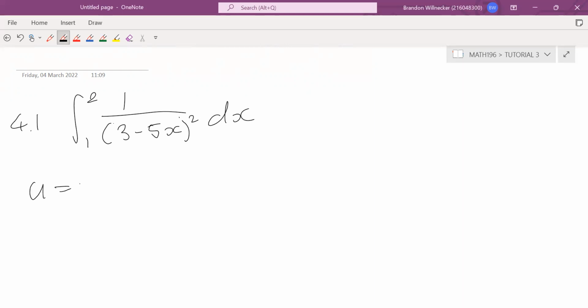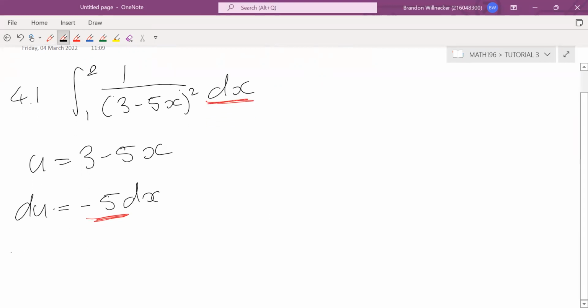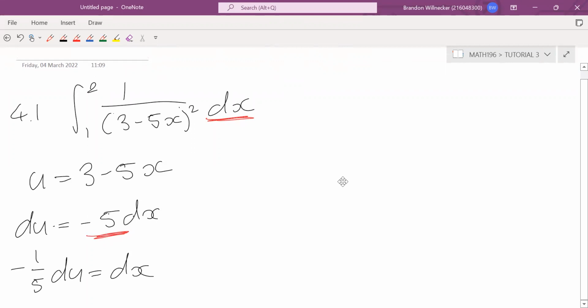So u is equal to 3 minus 5x. So du is equal to minus 5 dx. We don't want this minus 5, because over here we just have dx. So we take that over to the other side. We get minus 1/5 du is equal to dx. Okay, but remember, there's one more step we need to do, and that's changing the bounds.